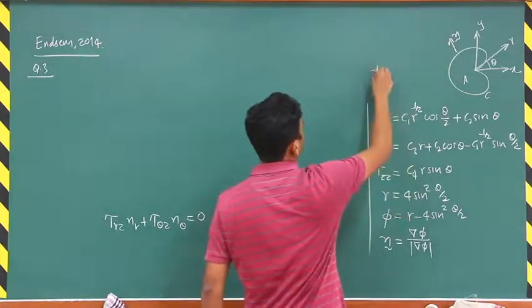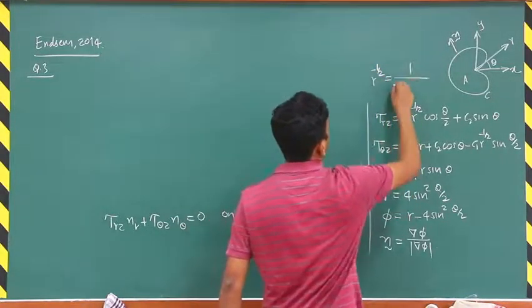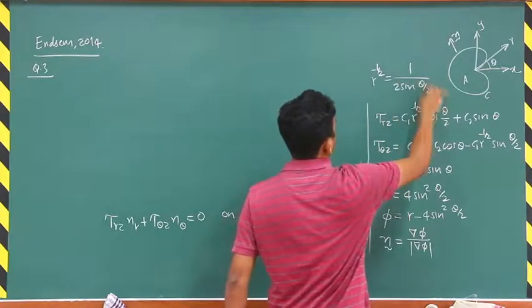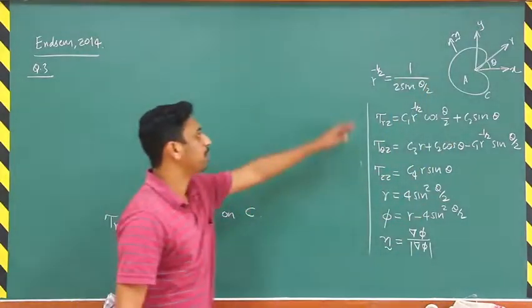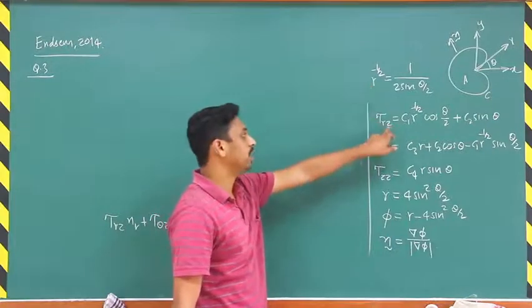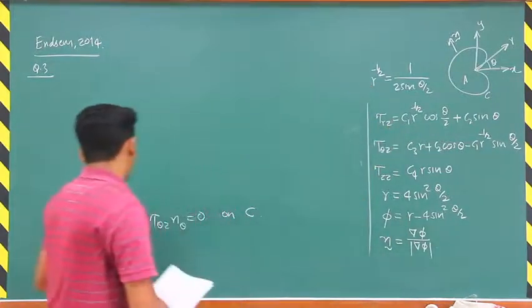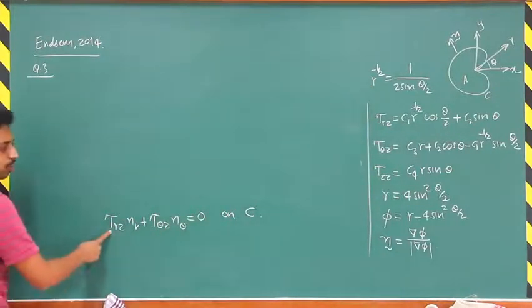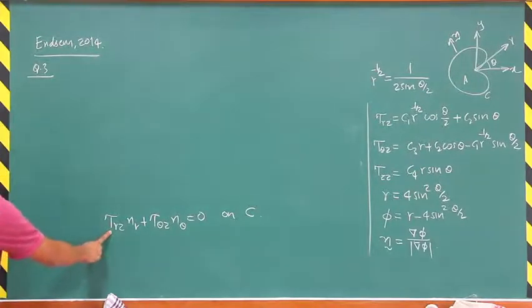So r to the power minus half will give us 1 upon 2 sin theta by 2. We will make use of this relation for r in these expressions for the stress components, and we use this relation obtained from traction free boundary conditions on the lateral surface.